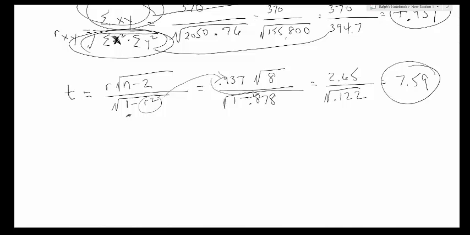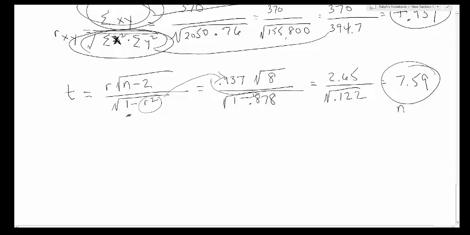Now, what I'm going to tell you here is that normally at this point you would go back to a t-table in order to look at whether or not a certain t is significant or not. So you would look at degrees of freedom, n minus 2.